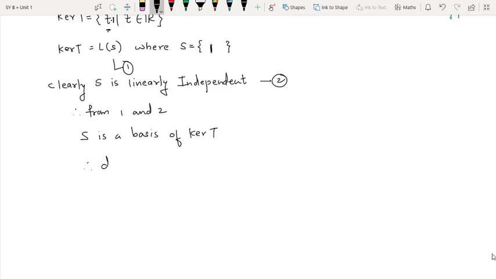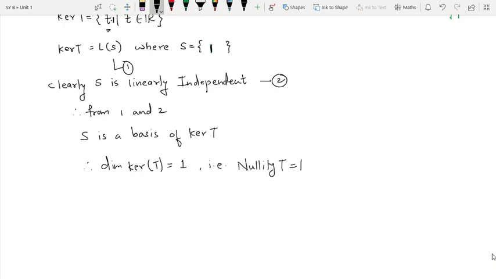Therefore what is the dimension of kernel of T? Therefore the dimension of kernel of T is nothing but 1. That is nothing but the nullity of T is 1.